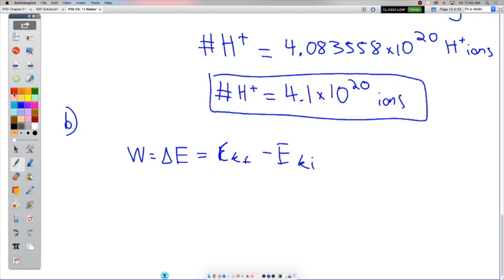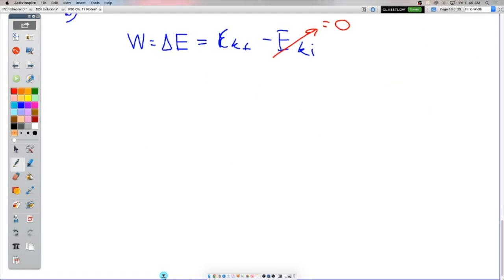Again, we're making the assumption that kinetic energy initial is equal to 0, and then the work is the change in energy, which is just really the kinetic energy final, right? So mvf squared over 2, which is the change in energy just because it started from 0.